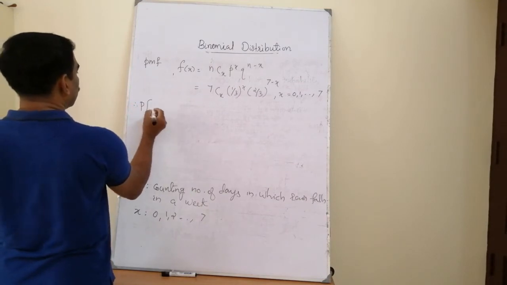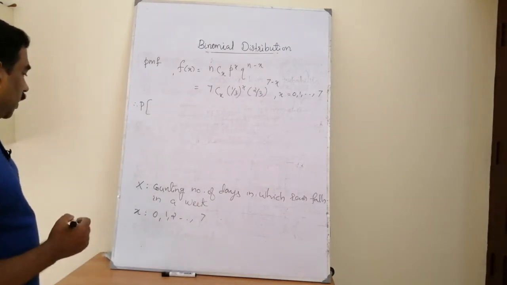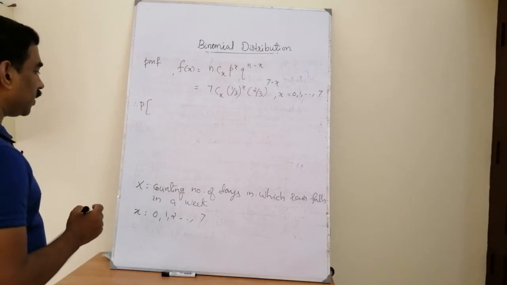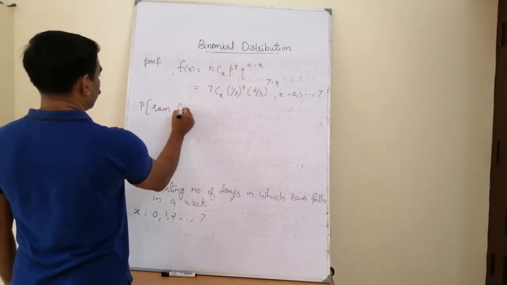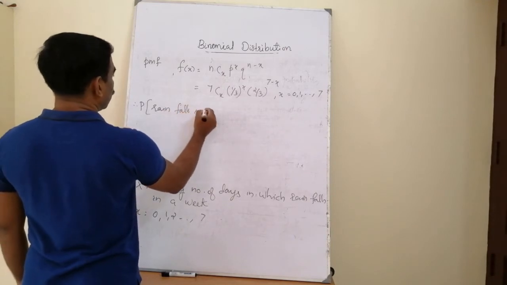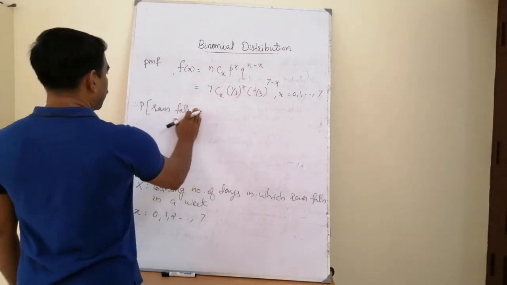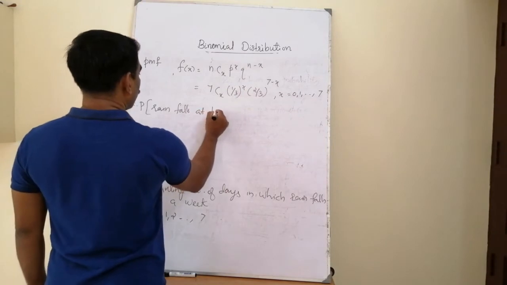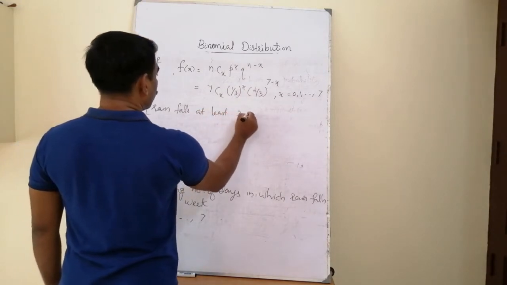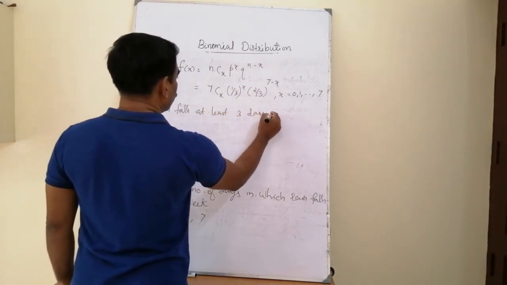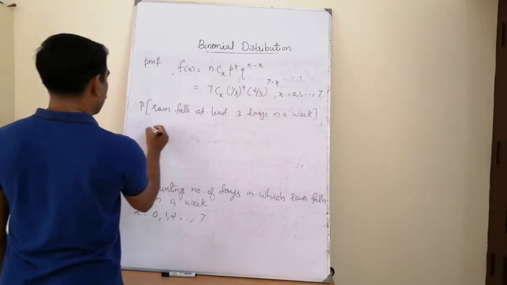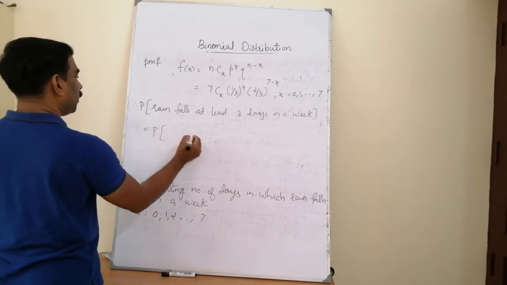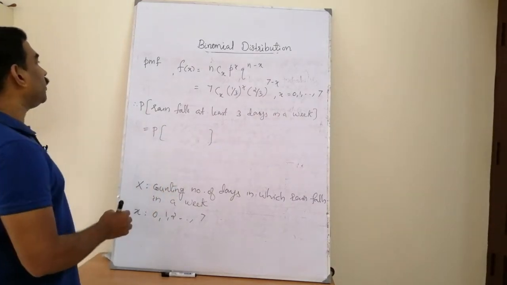Therefore, the probability that rain falls in at least 3 days a week. Rain falls at least 3 days in a week is equal to, convert this statement into the random variable notation.